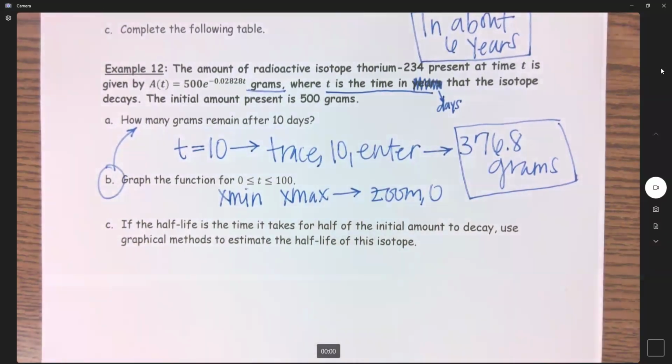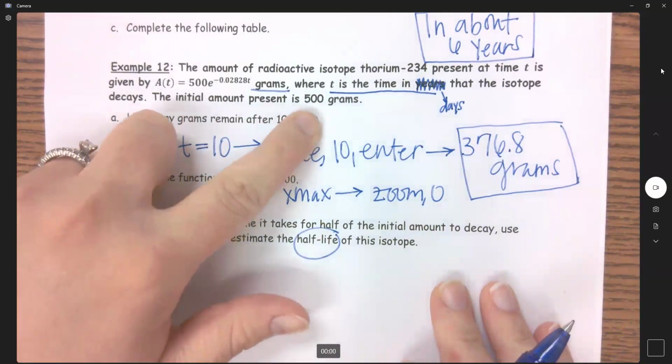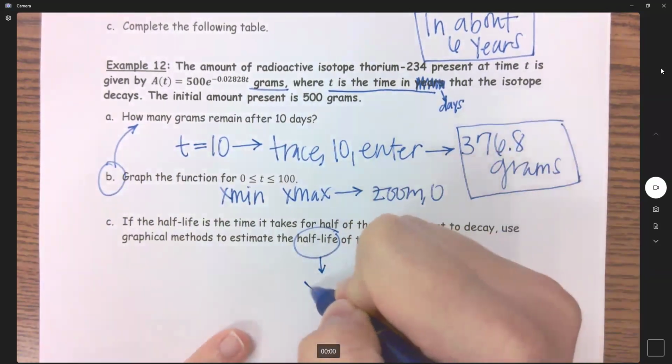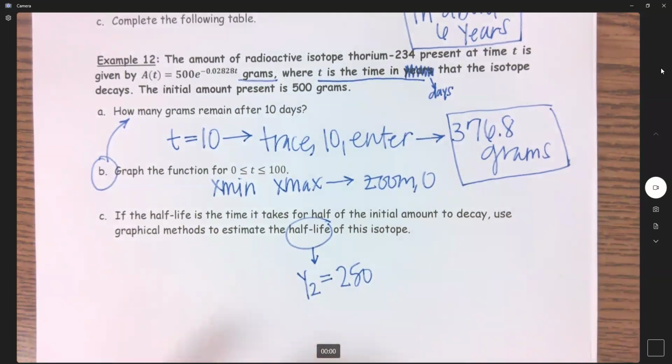Okay, now moving on. Part C says if the half-life is the time it takes for half of the initial amount to decay, use graphical methods to estimate the half-life of this isotope. So it tells me the initial amount was 500. And so now I want to know, when is this going to be at 250? And we'll put that at Y2.